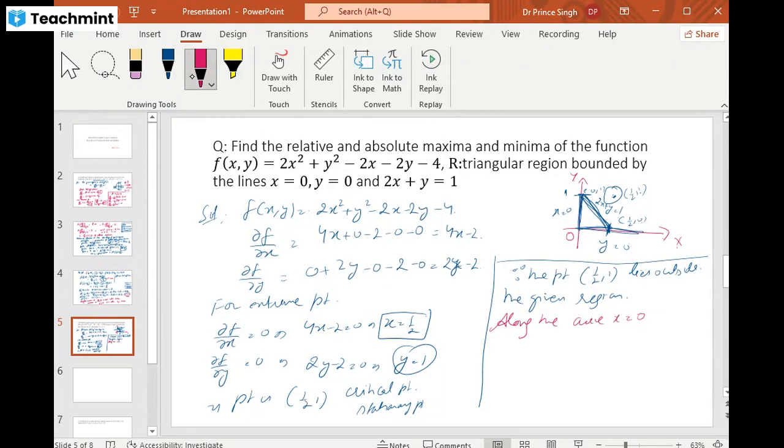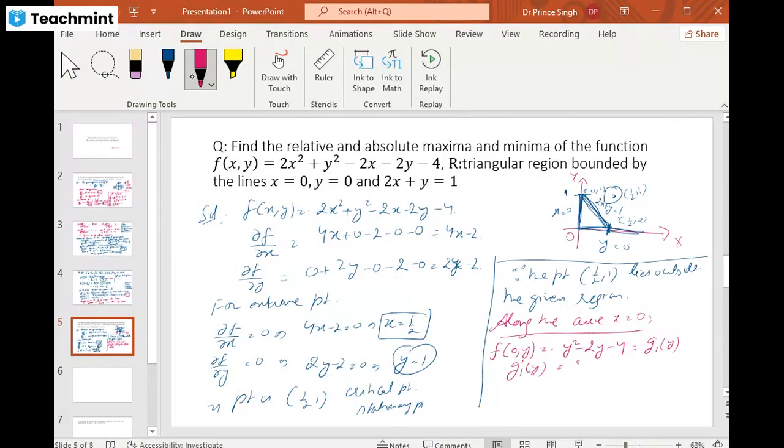Along the curve x equal to 0, our function is f(0, y). Along this particular line, the value of x is 0, so our function is y square minus 2y minus 4. Let this be g1(y), because it is a function of y alone. Now we check the condition of relative maxima and minima.